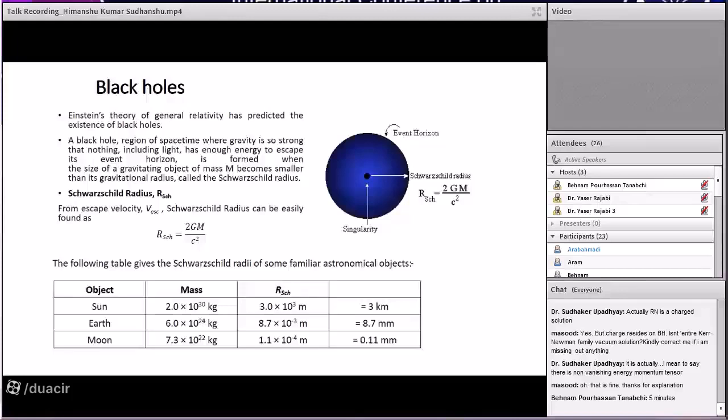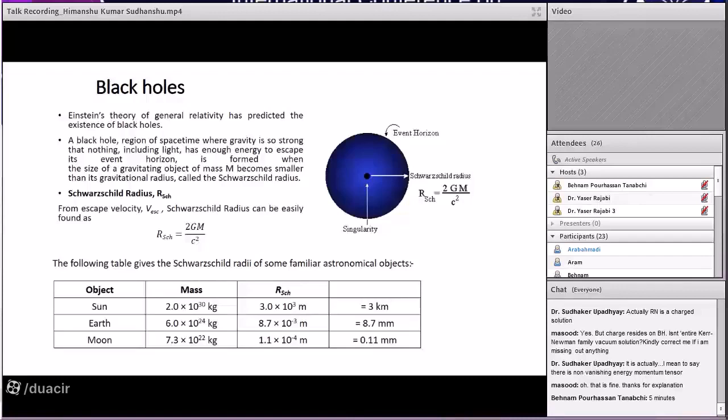It is formed when the size of a gravitating object becomes smaller than its gravitational radius, which is called the Schwarzschild radius. It is given as 2GM by c squared, where G is the Newtonian gravitational constant and M is the mass of the gravitating object.